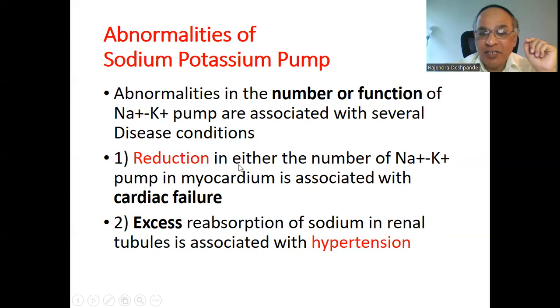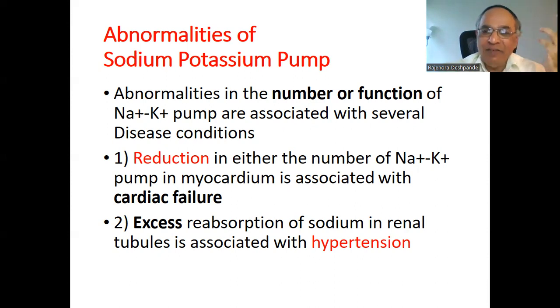Reduction in the number of NaK pumps in the myocardium is associated with cardiac failure, which is a serious disease. And excess reabsorption of sodium in renal tubules is associated with hypertension. If the excessive sodium ions from the urine are coming back to the blood, what will happen? Blood density will increase.